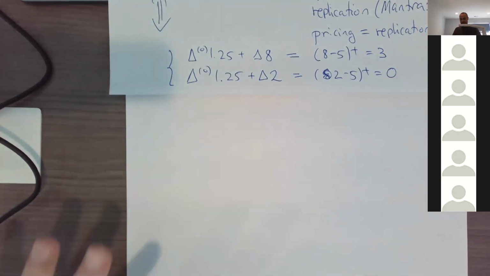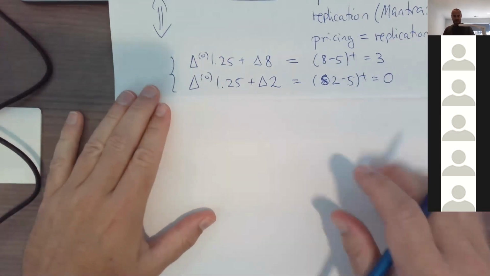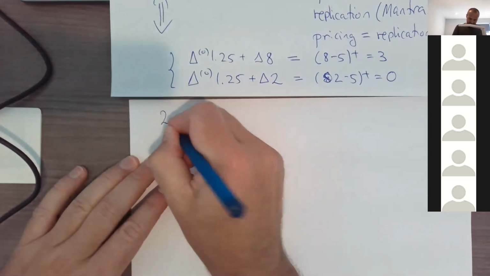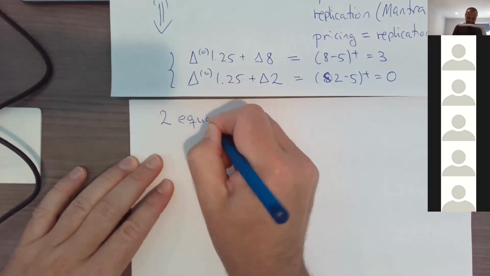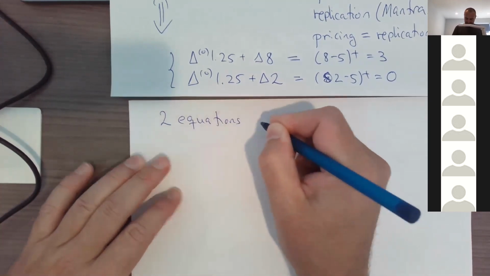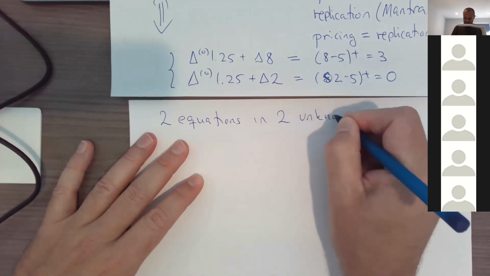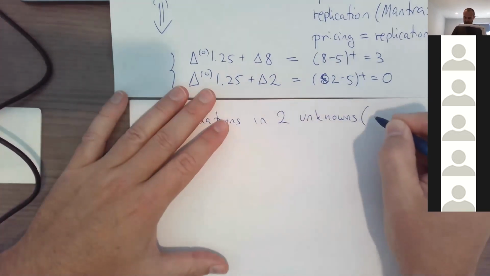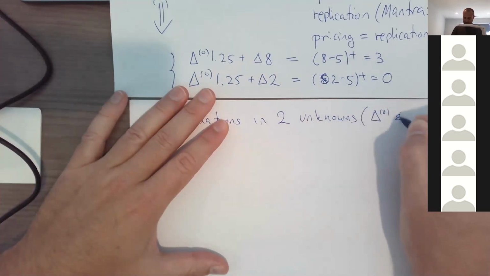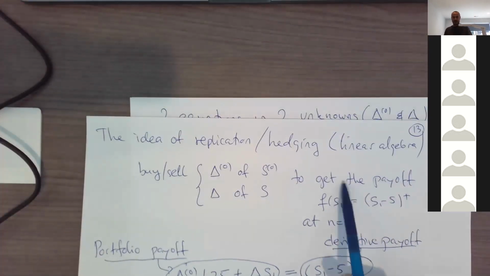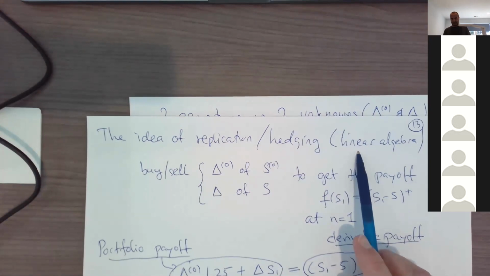Here we have two equations and two unknowns. We have delta naught and delta, right? So these are two equations in two unknowns, the unknowns being delta 0 and delta. And this is what I mean when I say it becomes linear algebra.